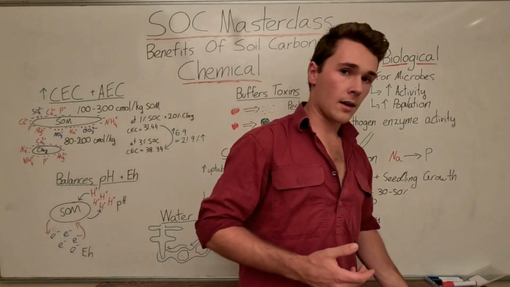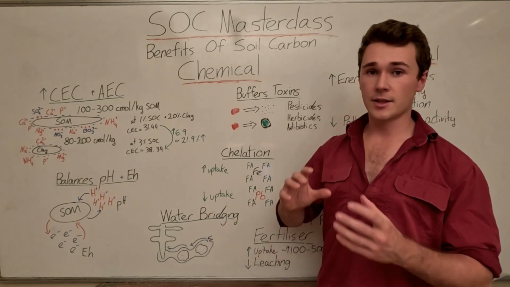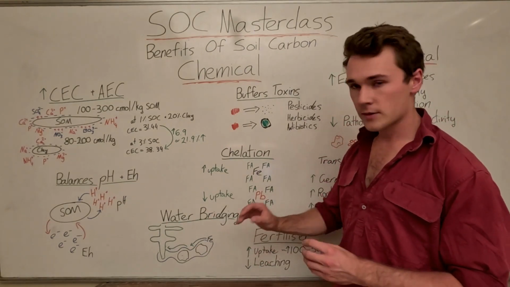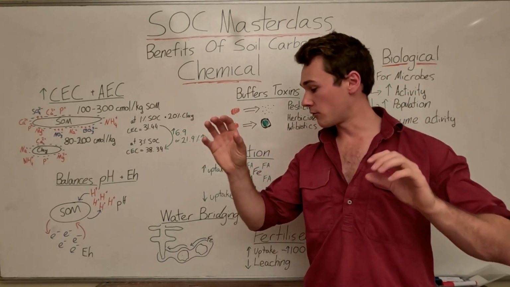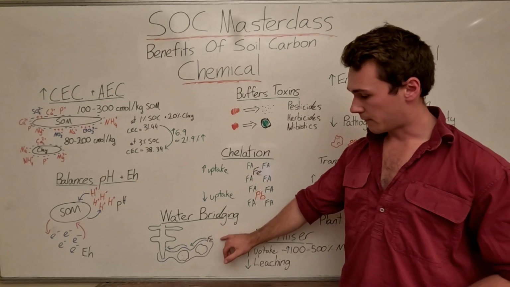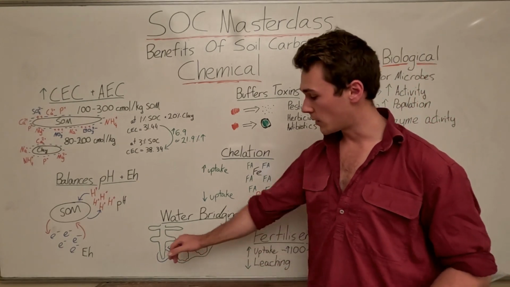And finally, in our chemical benefits, we have this thing called water bridging. Water bridging is the attraction of water on our soil organic matter, bridging our soil organic matter to a root, so that we can get a flow of our nutrients from one side of an area to the next.